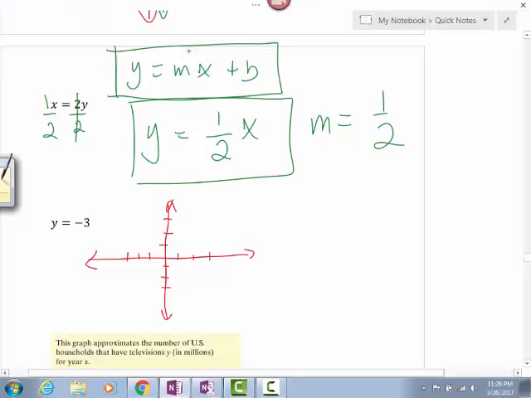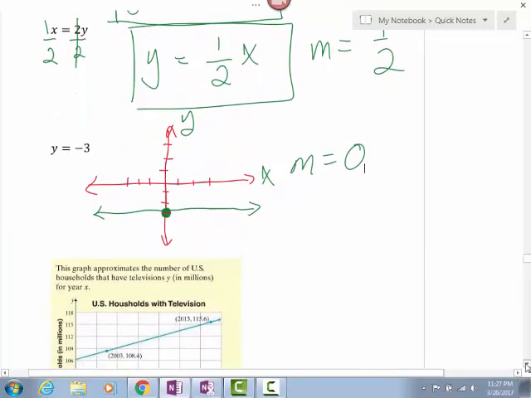Okay, so now, when y equals negative 3, if that's my x-axis and that's my y-axis, negative 3 would be down here. So I would mark that point. But I need to draw a line. So when y equals negative 3, this is a horizontal line going left and right. And again, if you remember from a few moments ago, we said any horizontal line is always going to have a slope m equals 0.